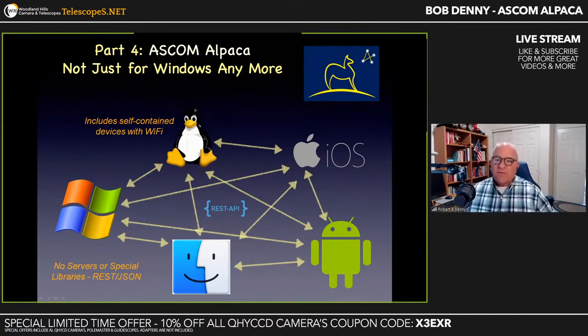Roy Fielding's original REST work at USC was one of the most transformational things in computing. Every language out there has it. So the REST API was defined to match the ASCOM interface, the application programming interface, one for one.